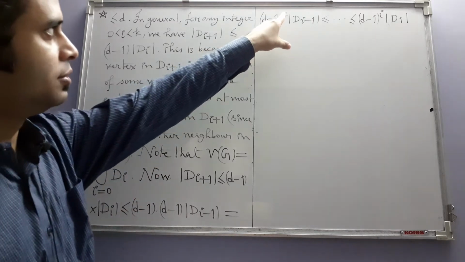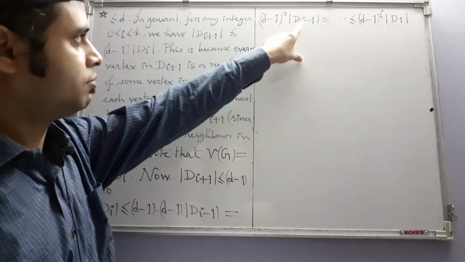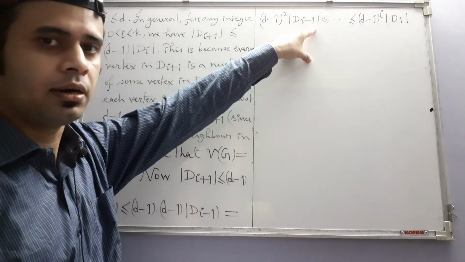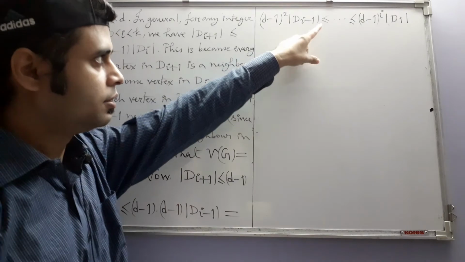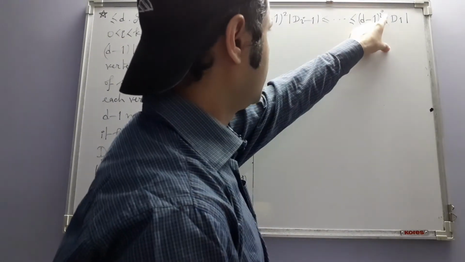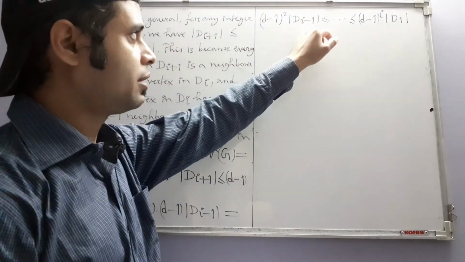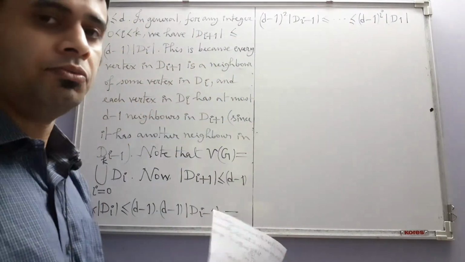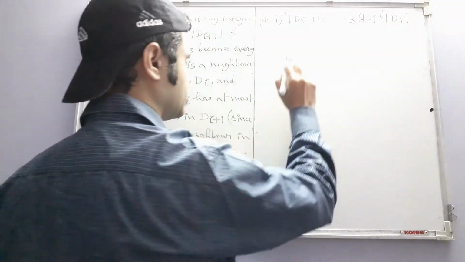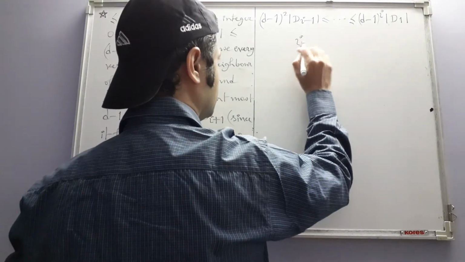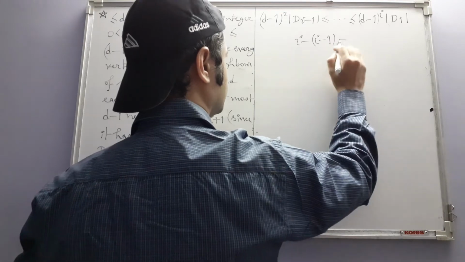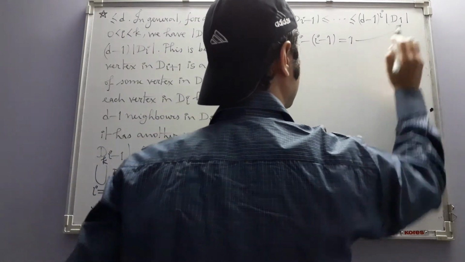When we have 2 here, we are subtracting 1 less from i. When we have i here, we will have to subtract analogously 1 less than that from i. So that gives us this.